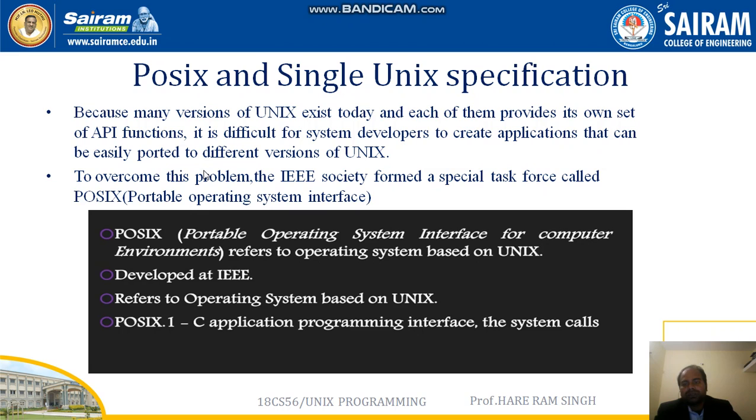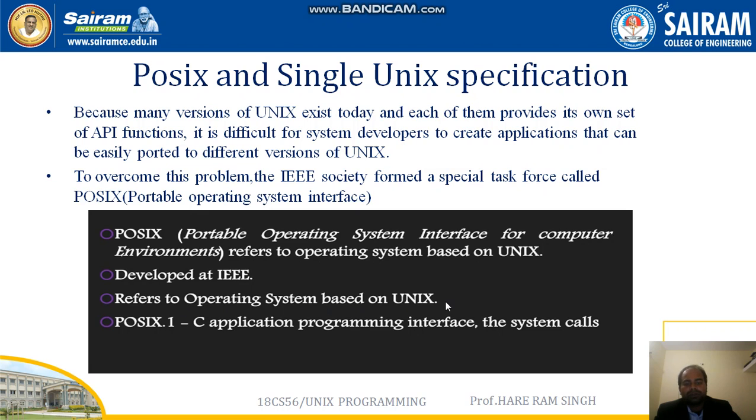To overcome this, the IEEE Society formed a special task force called POSIX, Portable Operating System Interface. POSIX, that is Portable Operating System Interface for Computer Environment, refers to operating systems based on Unix. It was developed at IEEE.